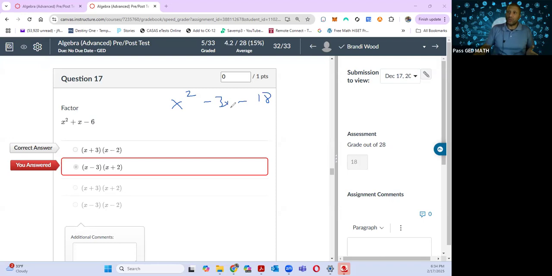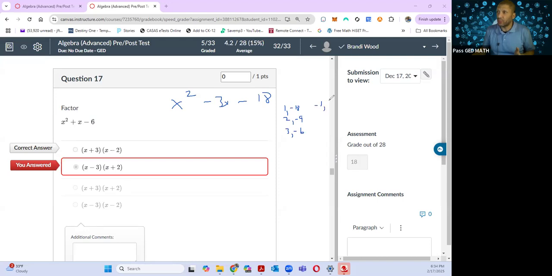Okay, so what two numbers can I put together to give me minus 3, but multiply together to get negative 18? 1 and negative 18, 2 and negative 9, 3 and negative 6.